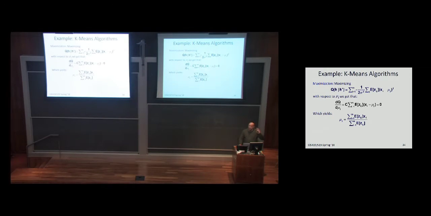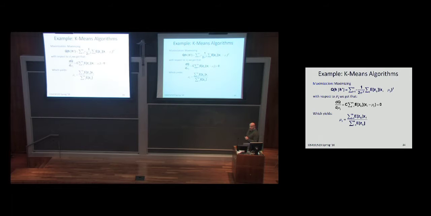Again, I started with these Pij's, the probability that this data point came from j. Now I computed the likelihood of this data. I got this expression, which I differentiated relative to the mu's. And when I differentiate, that's what I get.